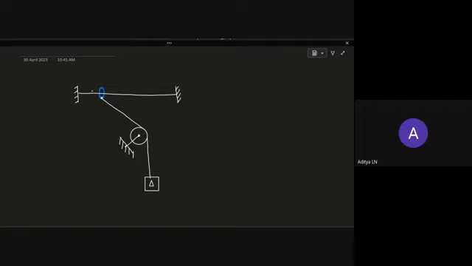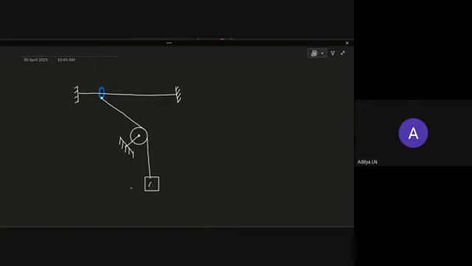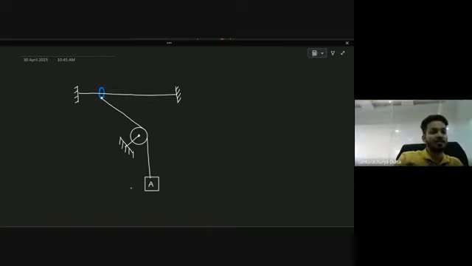All pulleys are frictionless. Strings are frictionless. Everything here is frictionless. Is the pulley fixed though? Pulley is fixed. Whenever I make these slashed lines, it usually means it's a wall.